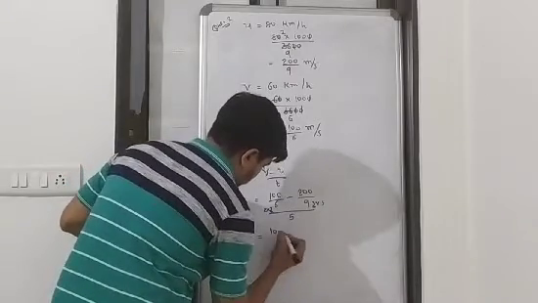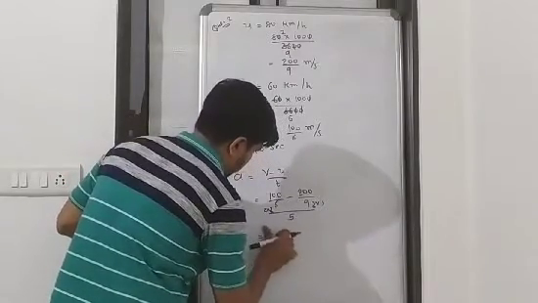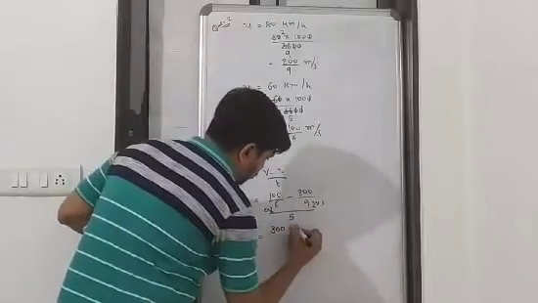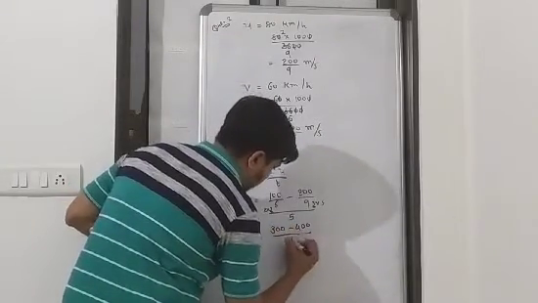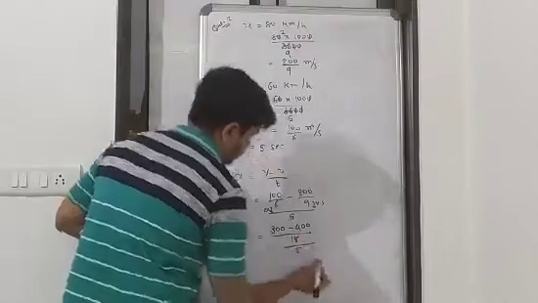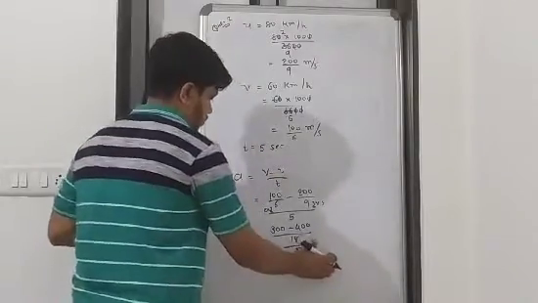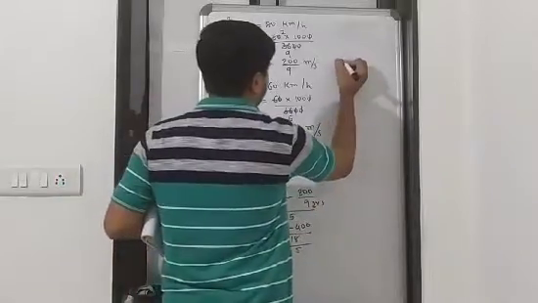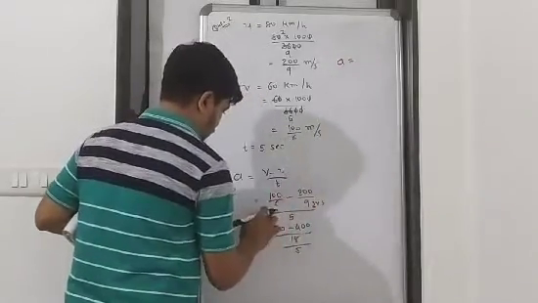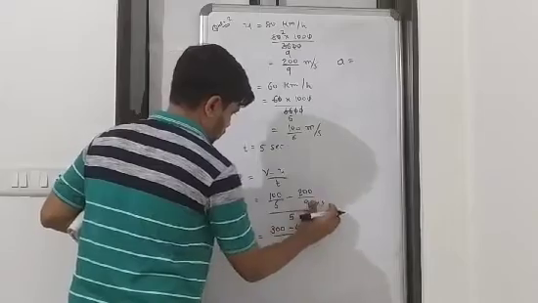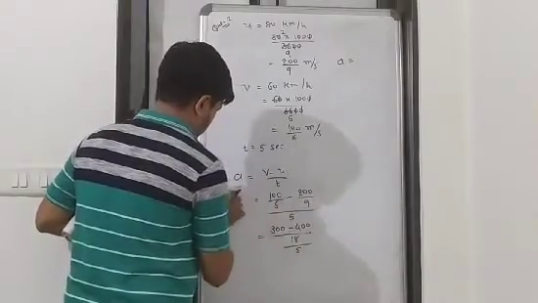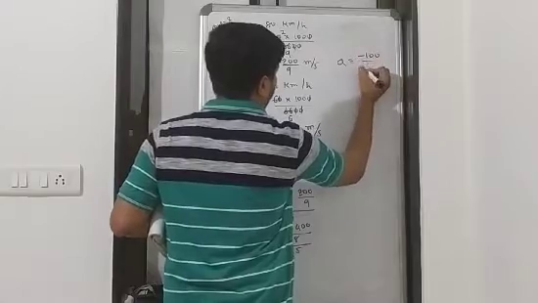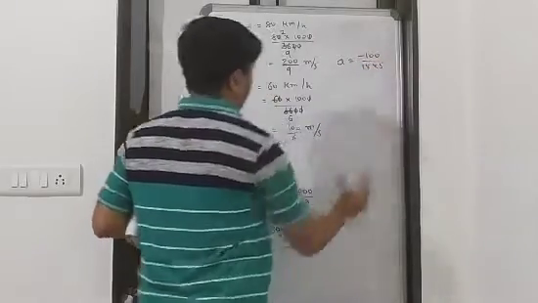So 300 minus 400 divided by 18. So a is equal to minus 100 divided by 18 into 5.